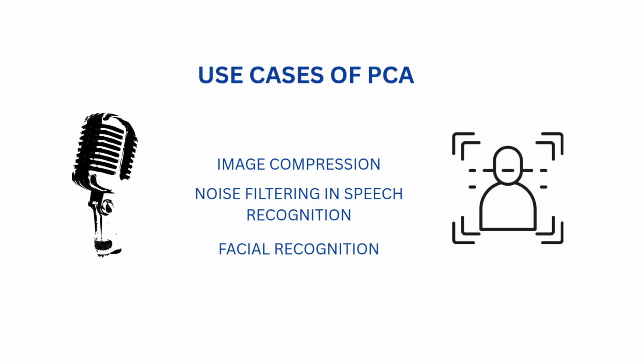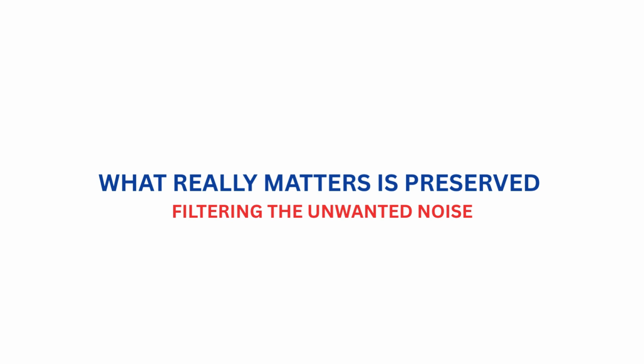So the idea powers image compression, facial recognition, noise reduction, topic modeling, and even genomics. These are the fields which use PCA. In essence, PCA helps us answer the question: what really matters in this data? It brings you clarity, direction, and efficiency.